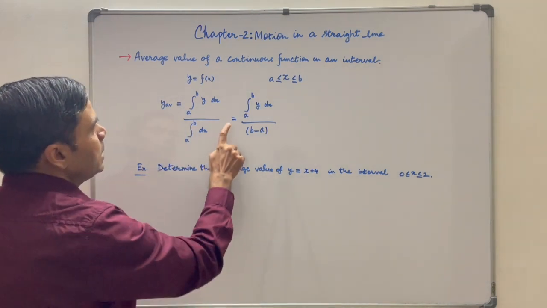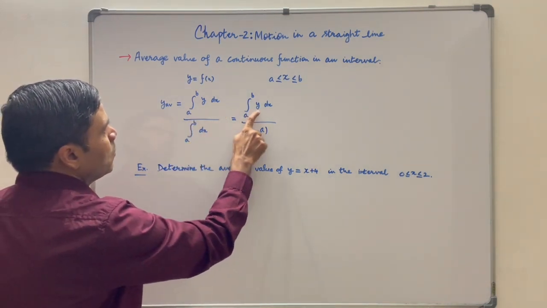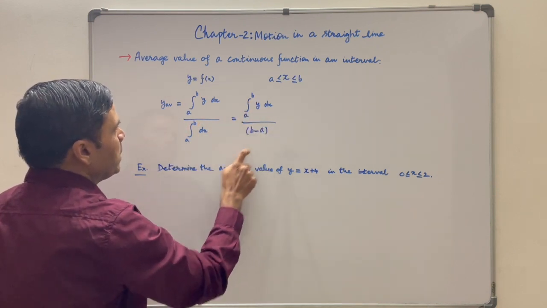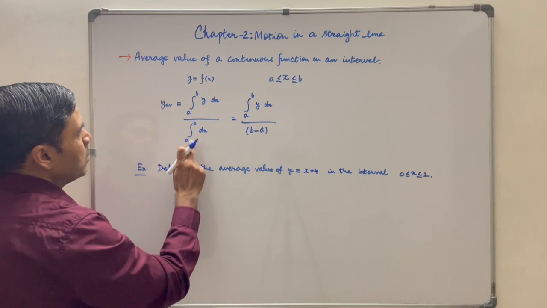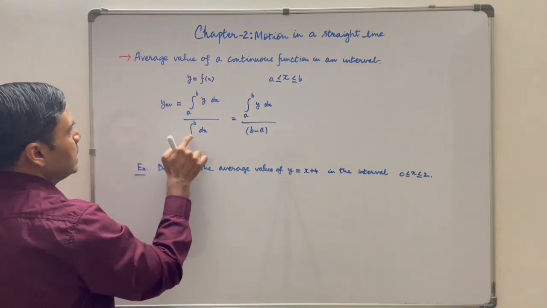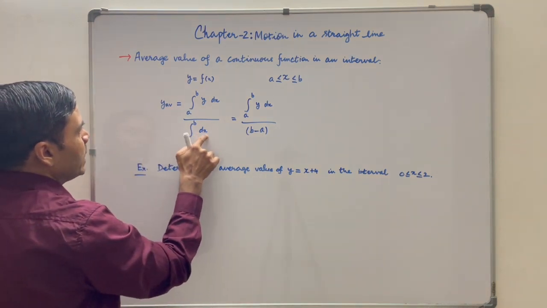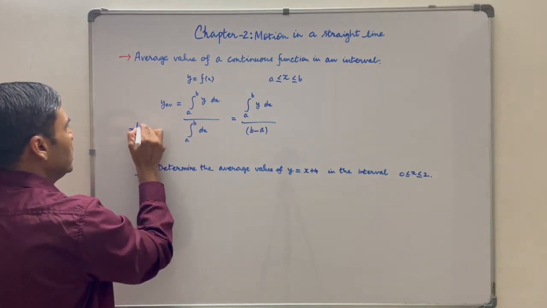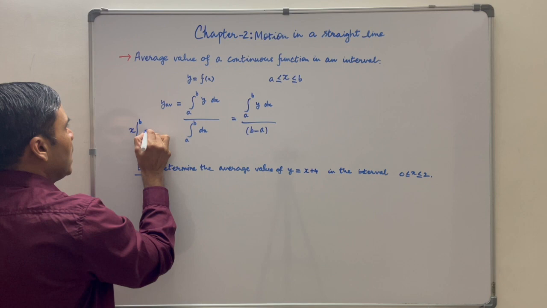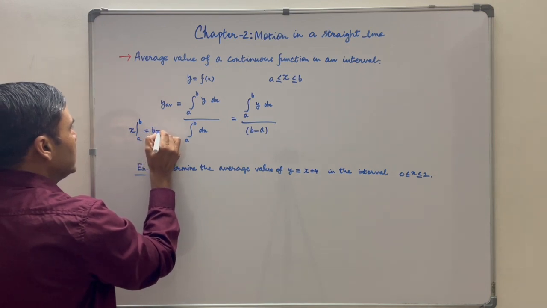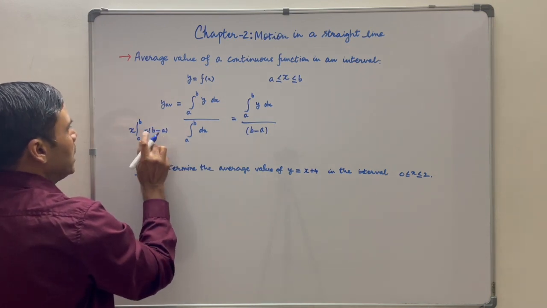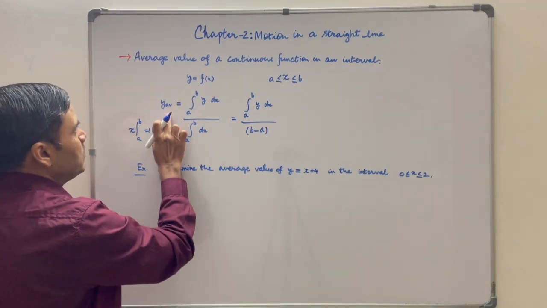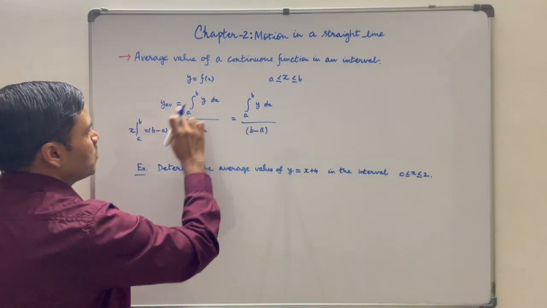And this will be equal to b minus a. How? Because integration of dx means integration of 1 dx, that will be equal to x, and when you put the limit, it will be higher limit b minus lower limit a, so its value will be b minus a. That's what is written here. So average value can be calculated by this formula.